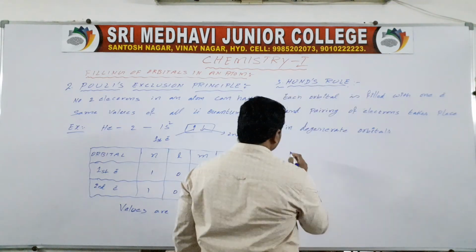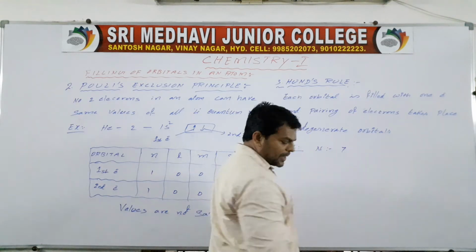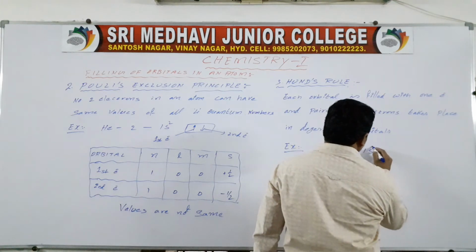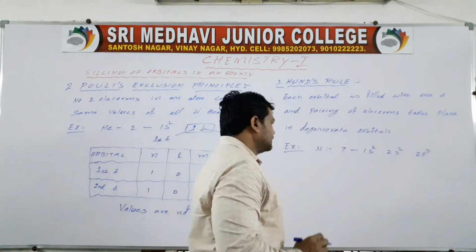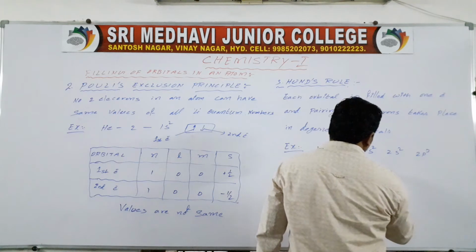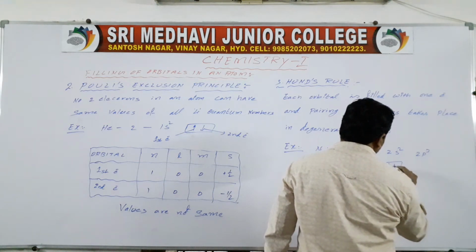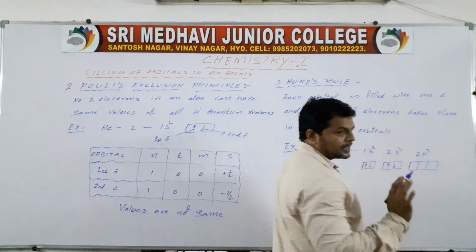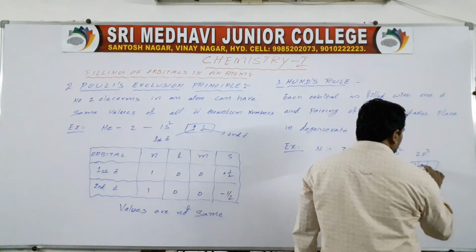For example, nitrogen, atomic number 7, electronic configuration 1s2, 2s2, 2p3. In 1s how many electrons? 2. In 2s how many electrons? 2. In p, how many? 3 electrons. The 3 electrons are not filled like this: 1, 2, 1.